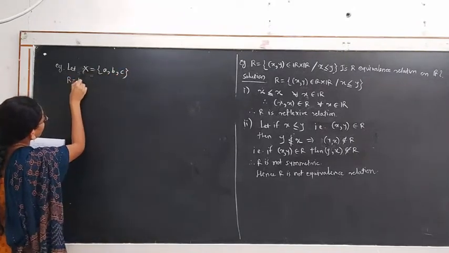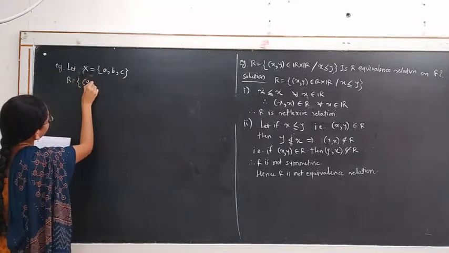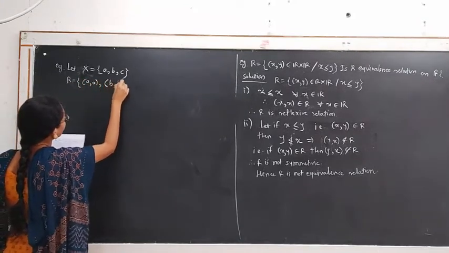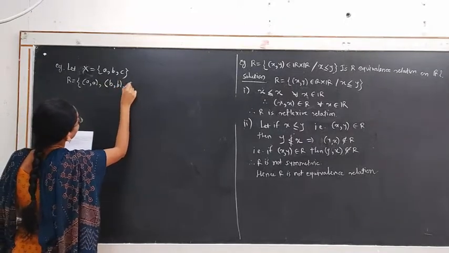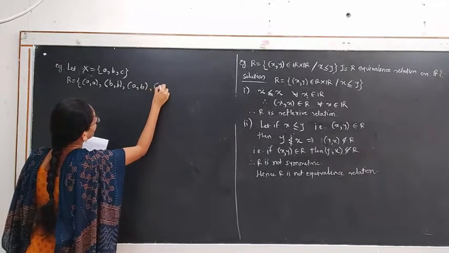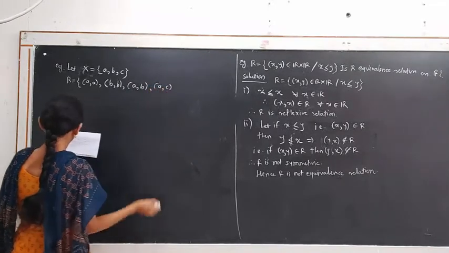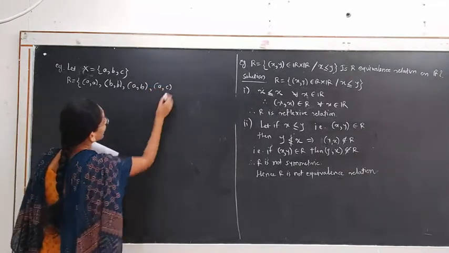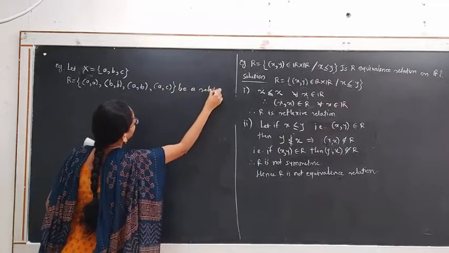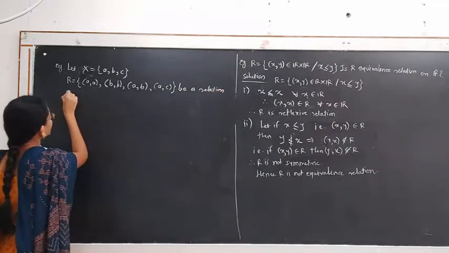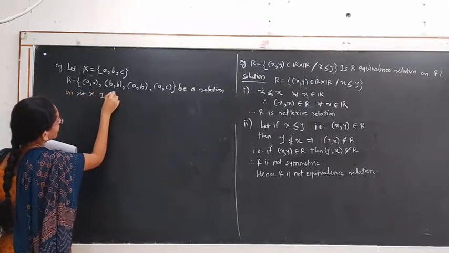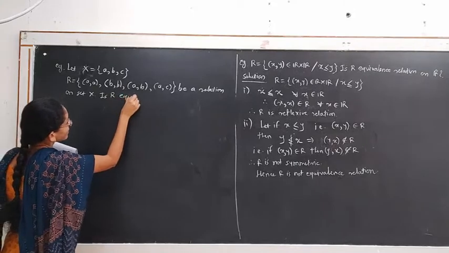R is given as the ordered pairs (a, a), (b, b), (a, b), (a, c), a relation on set X. Is R an equivalence relation?